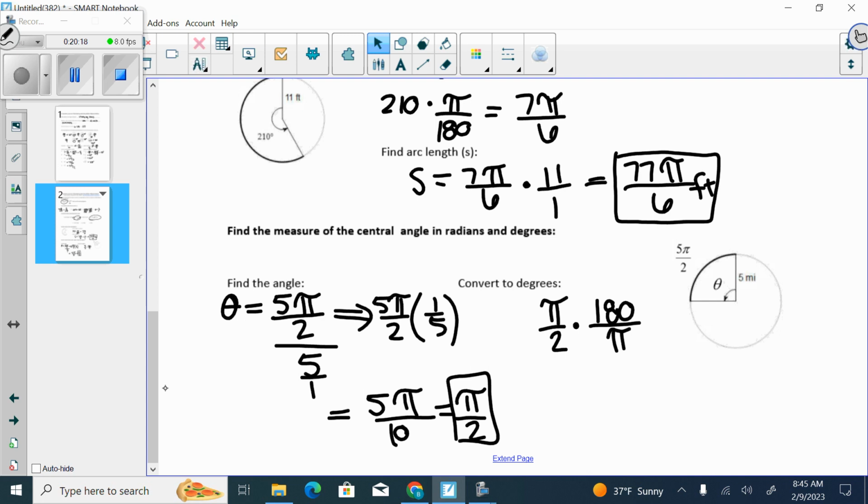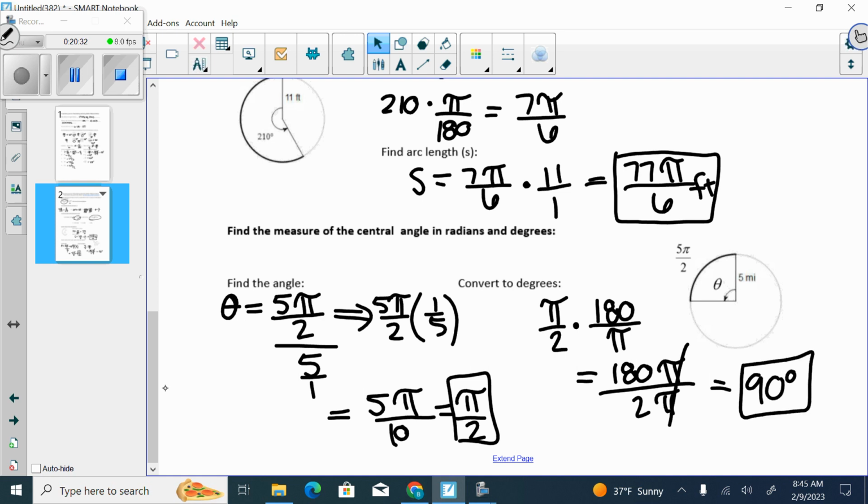So we multiply in the numerator and we have, yes, that's what we're going to end up with, because our pi's divide out, and we're left with 90 degrees. Good. Okay, so if they ask you to find the angle, you're going to use this formula. But if they ask you for the arc length, you're going to use this formula, okay?